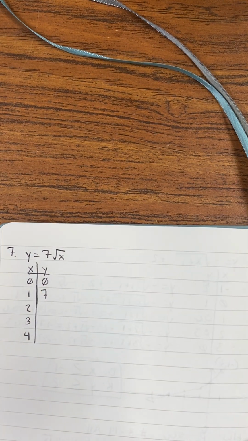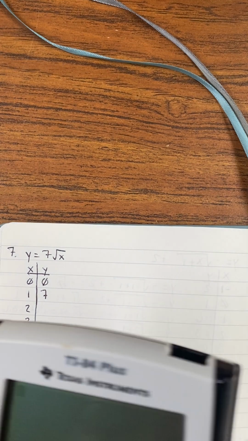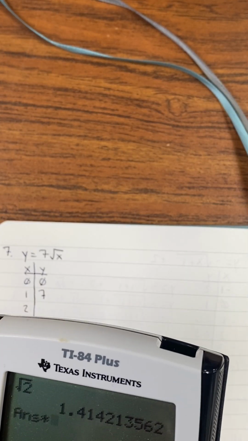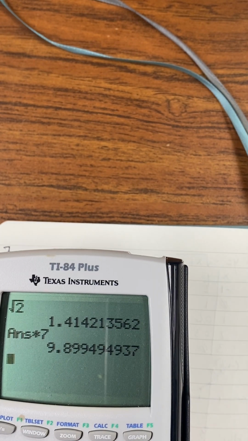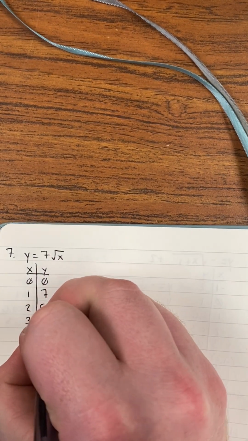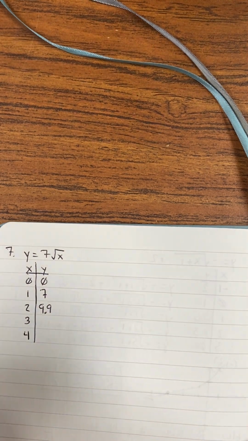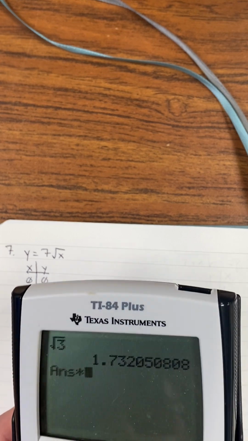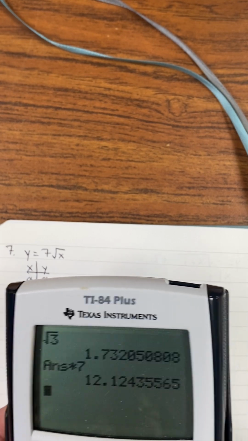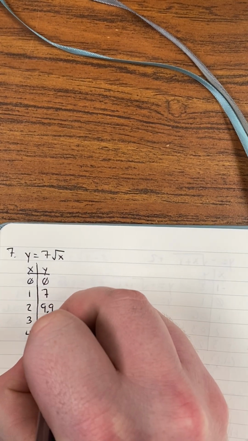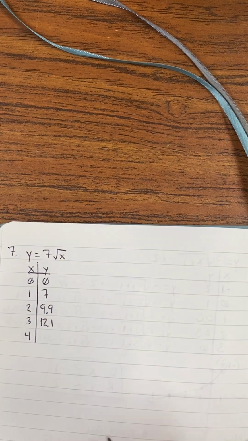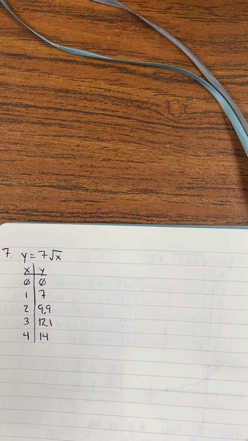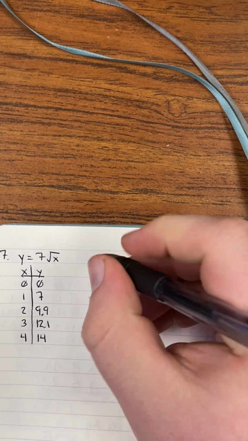Now I got to use my calculator for this because I've got square root of 2 times 7, 9.9. Okay, same thing here. Square root of 3, press enter, times 7, 12.1. Okay, and then I don't need my calculator for the next one. Answer is 14. Okay, let's graph this.